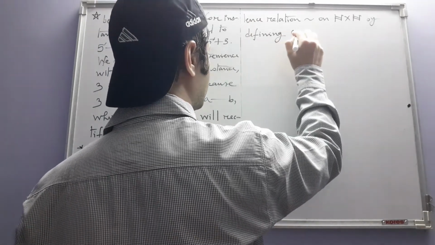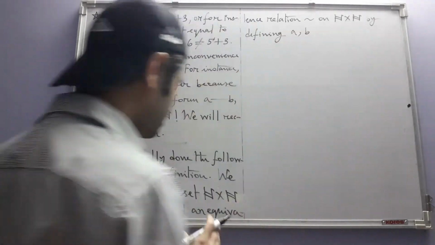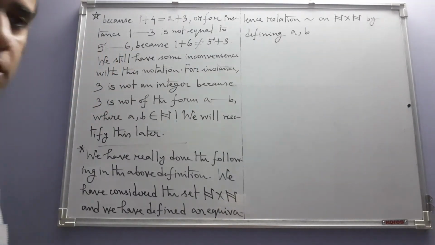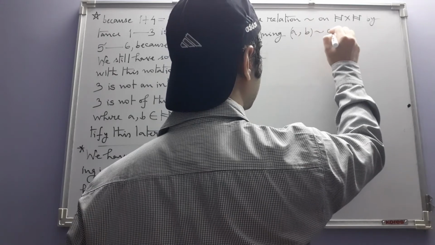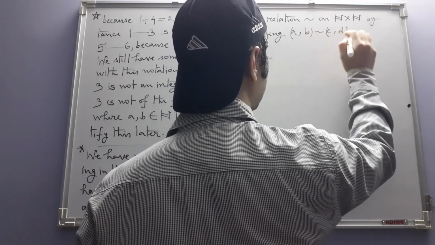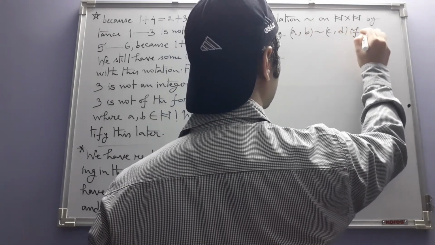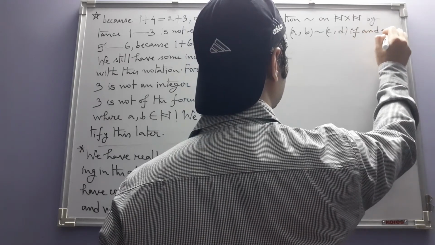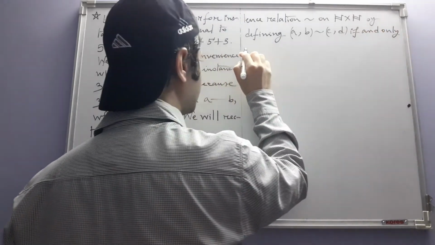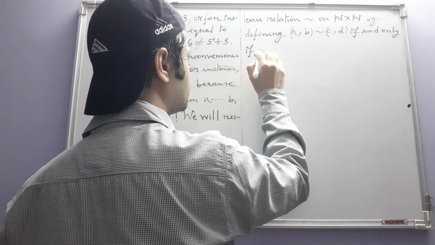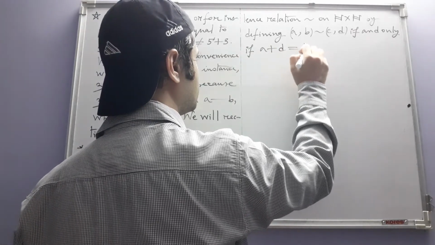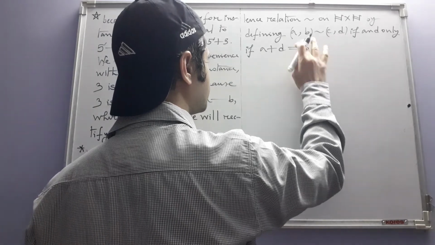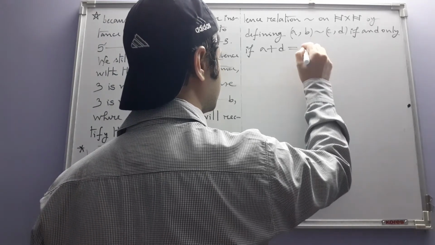defining two ordered pairs, because the elements in N cross N are ordered pairs of natural numbers, two ordered pairs to be related if and only if a plus d is equal to b plus c, or c plus b, same thing.